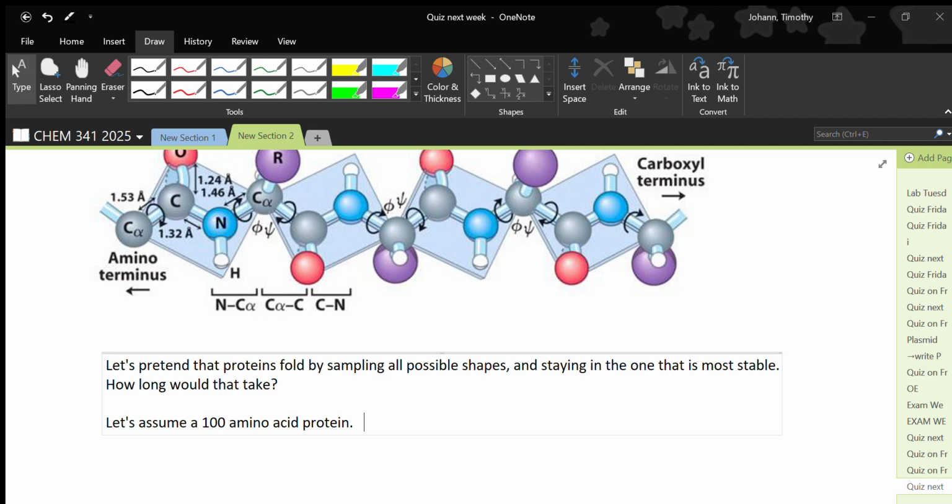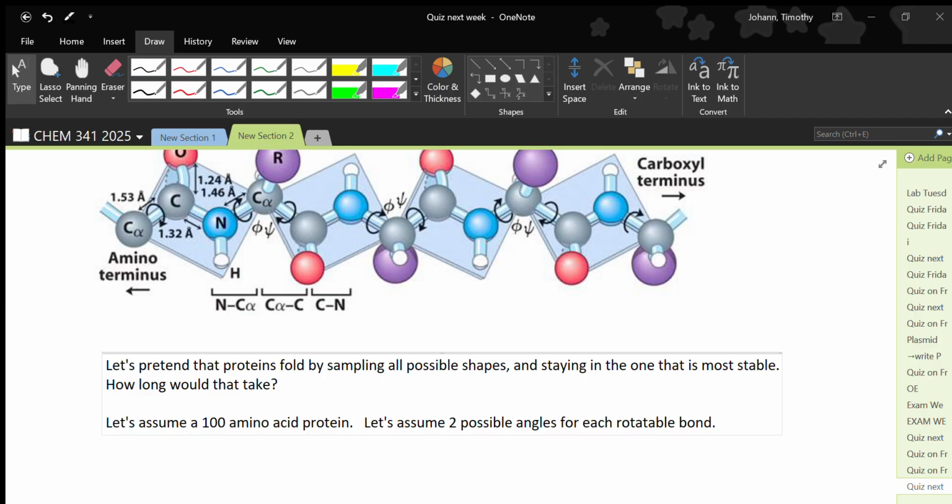So we could limit it. But let's assume 2 possible angles for each rotatable bond. So for each amino acid, phi is either this or this, and psi is either this or this.